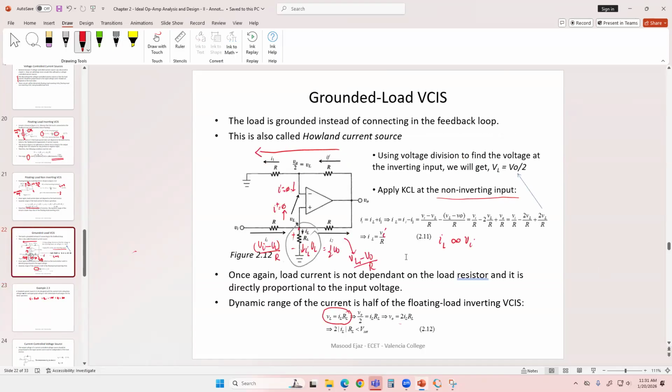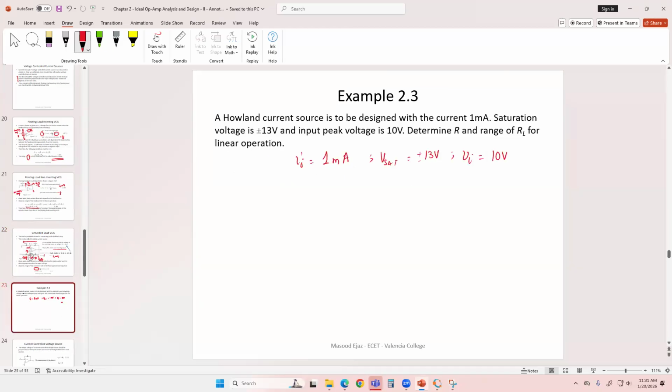We know that load current is equal to input voltage over R. Since we have to find R, R is equal to V input over the load current.